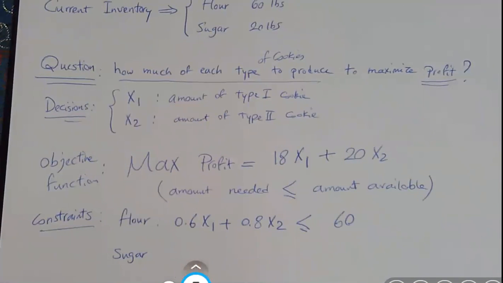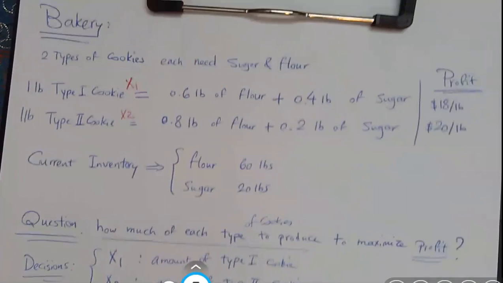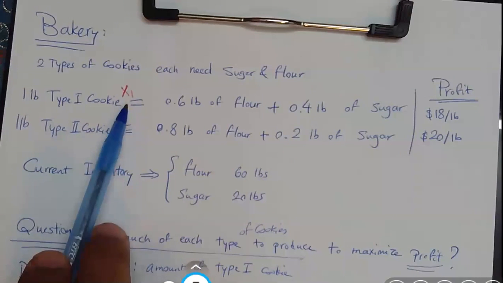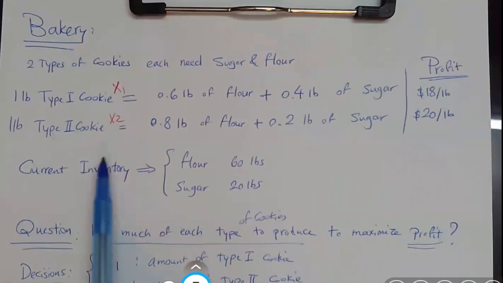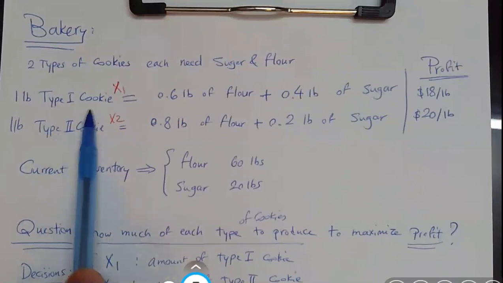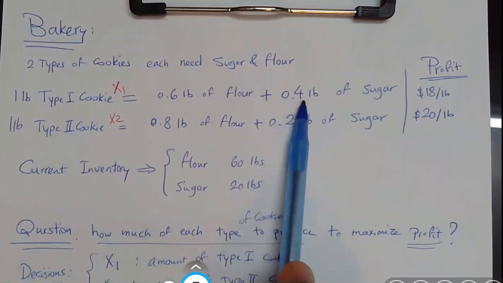With the same reasoning, I can write 0.4 times x1 plus 0.2 times x2 less than or equal to 20. So for sugar, for each pound of type 1 cookie, I need 0.4 pounds of sugar.